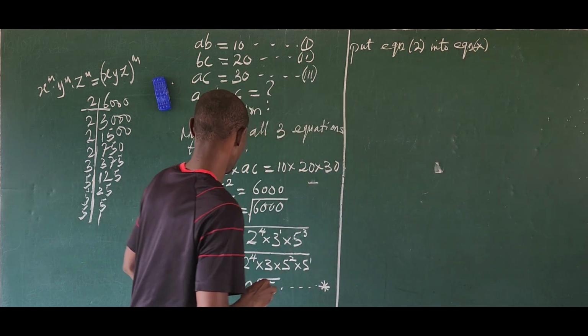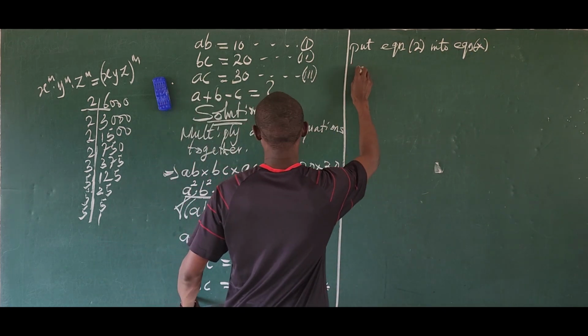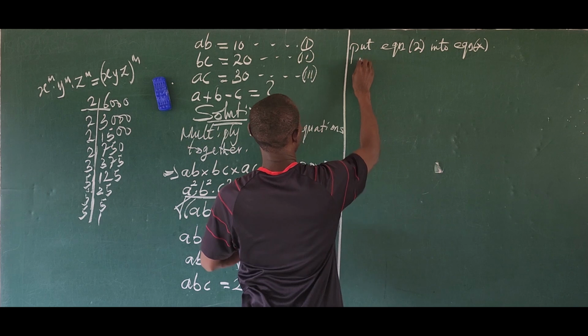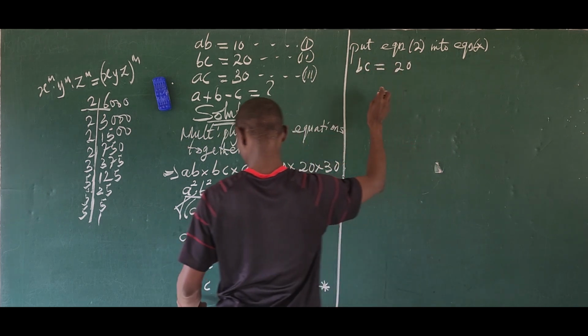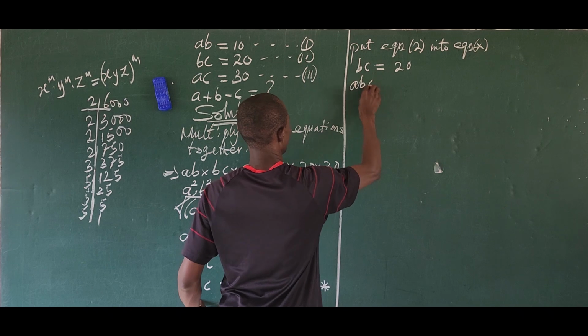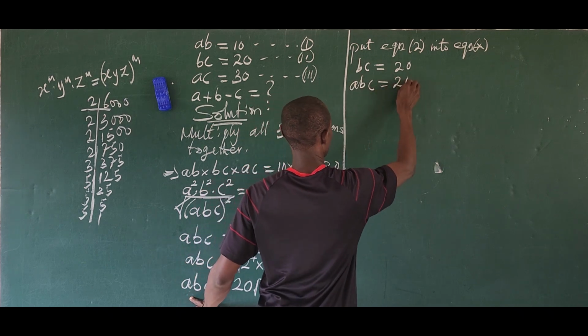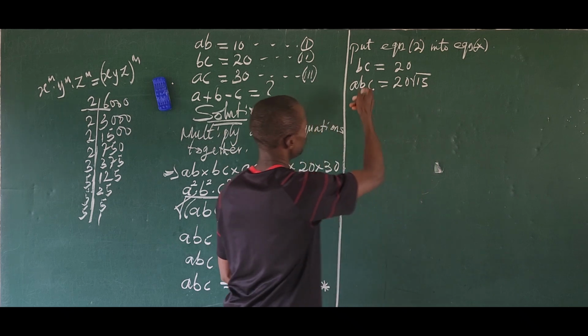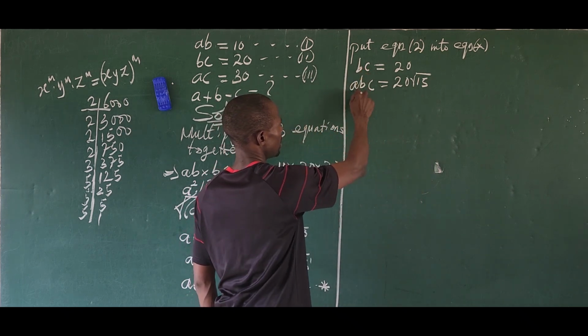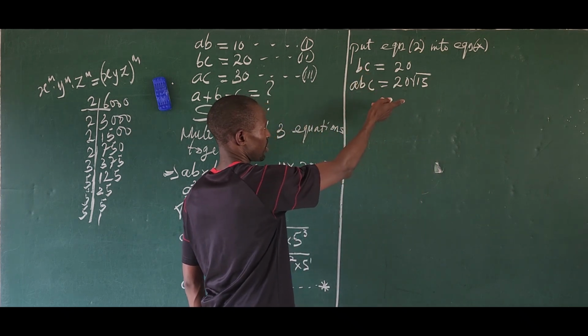All right, so if we do that, then we're going to have our equation 2, which is bc is equal to 20, and we have our equation star, which is the solver equation, is equal to 20 root 15. So here, if we bring this bc in here, it will give us something reasonable.